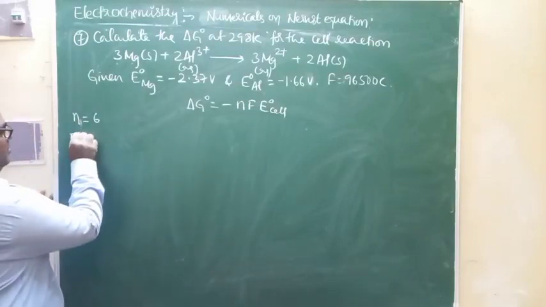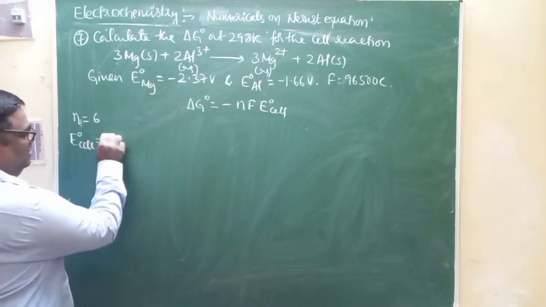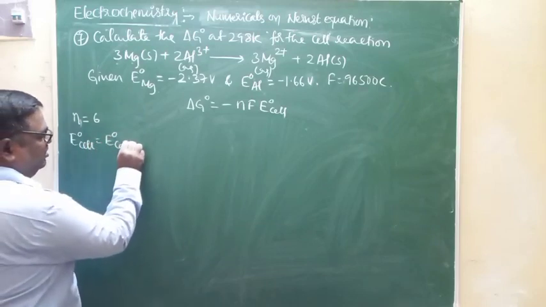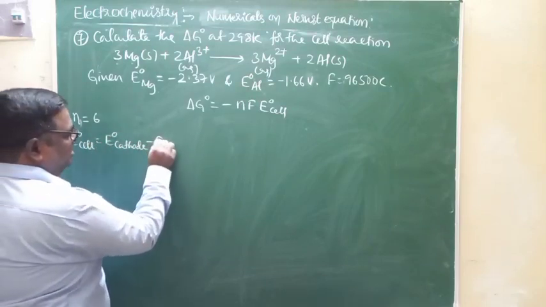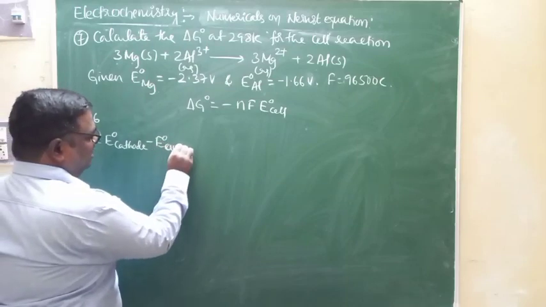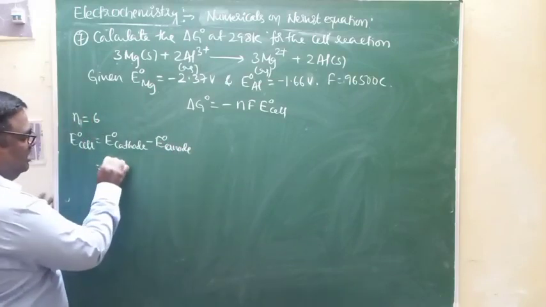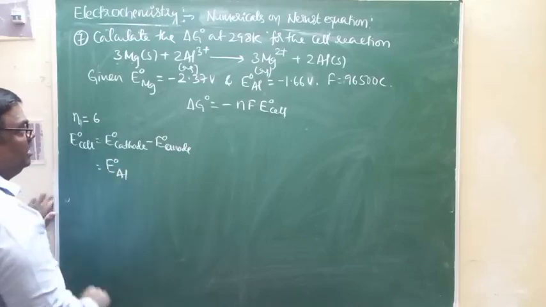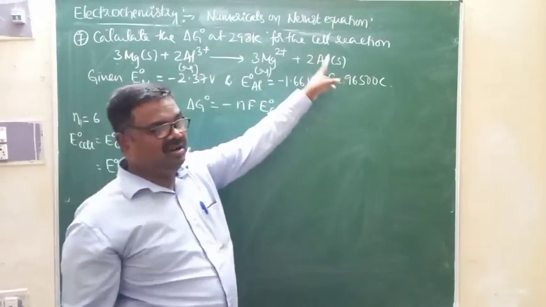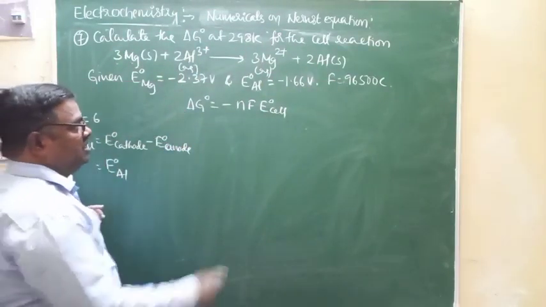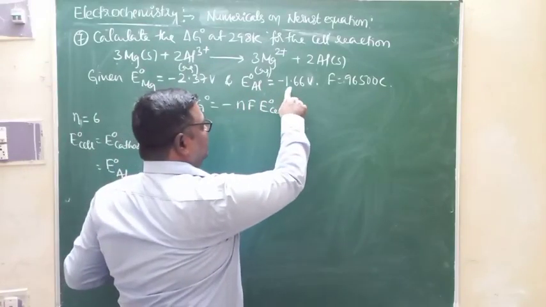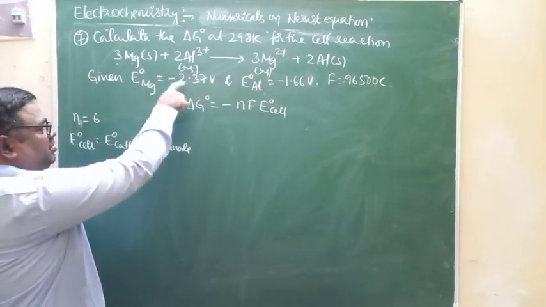And E naught of cell is equal to E naught of cathode minus E naught of anode. In this cell reaction, the cathode is aluminum, because Al3+ ions undergo reduction. So we can say the standard electrode potential of aluminum is greater than that of magnesium.